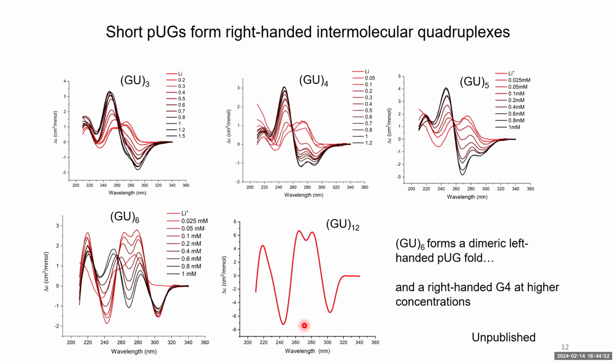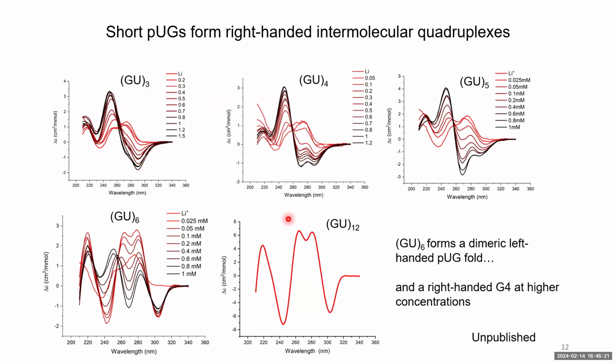So we then did circular dichroism for multiple different shorter repeats, GU3, GU4, and GU5, and saw that in a concentration-dependent manner, we were able to get the formation of another quadruplex structure, seen by the fact that these positive 260 and negative 280 peaks have been previously shown to be present in intermolecular quadruplexes, and these structures do not form in lithium.